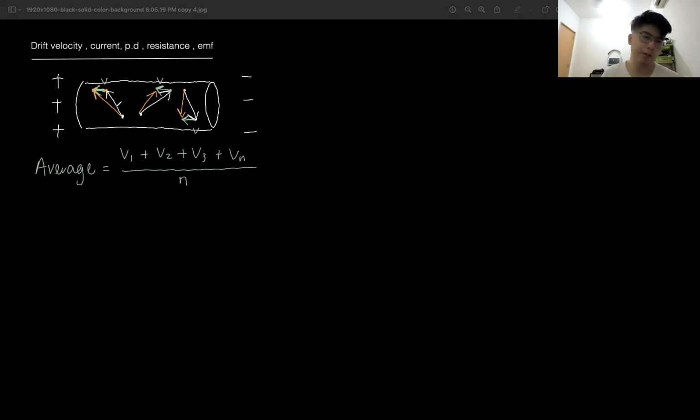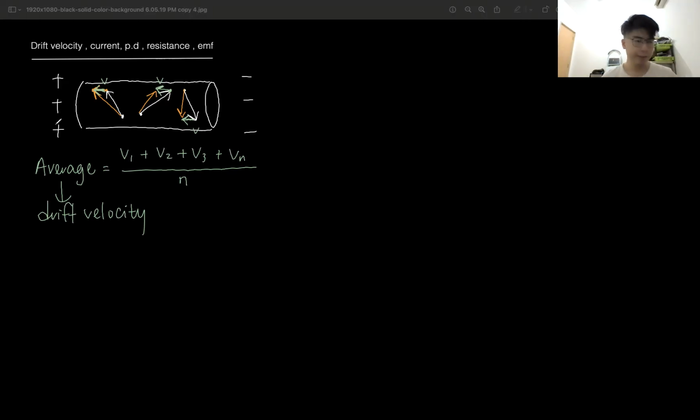This average velocity is drift velocity. So what is drift velocity again? It is the average velocity of the electrons when a potential difference is applied.